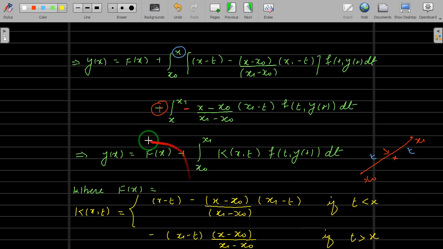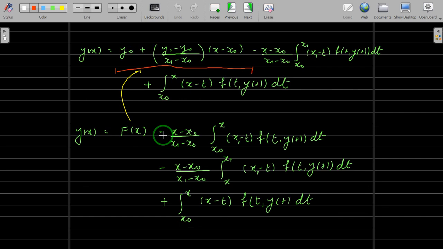If you notice, this equation is a Fredholm integral equation. It will be non-homogeneous. You can check when this function f(x) is 0. If you can say surely that it is not equal to 0, you can say non-homogeneous.